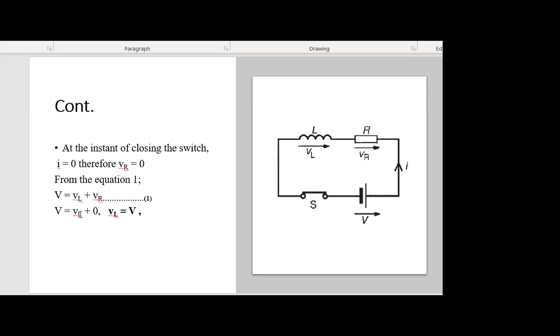When you compare this with the previous circuit, you see that they are opposite. In the previous circuit, initially, we didn't have charge, so we didn't have VC, but we had a voltage drop across the resistor. But for this, we have induced EMF, which is VL, but we don't have voltage drop, so they are opposite.